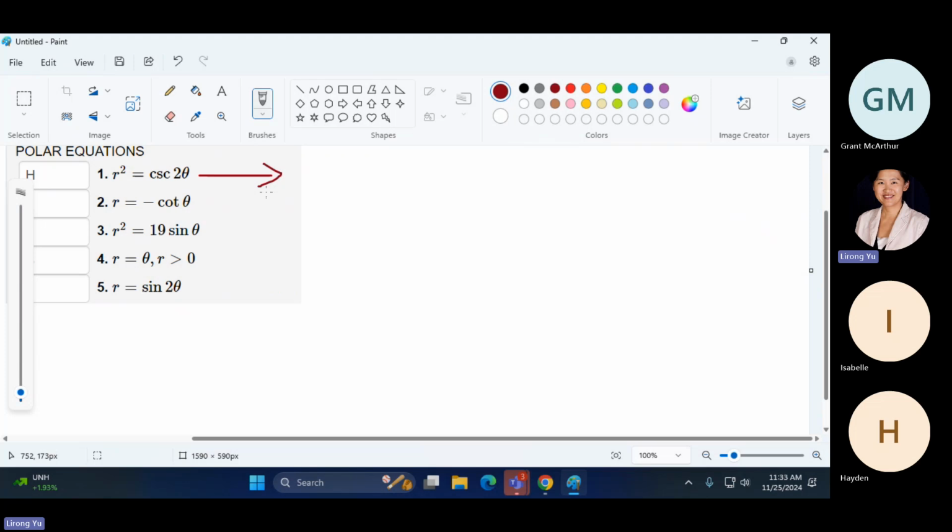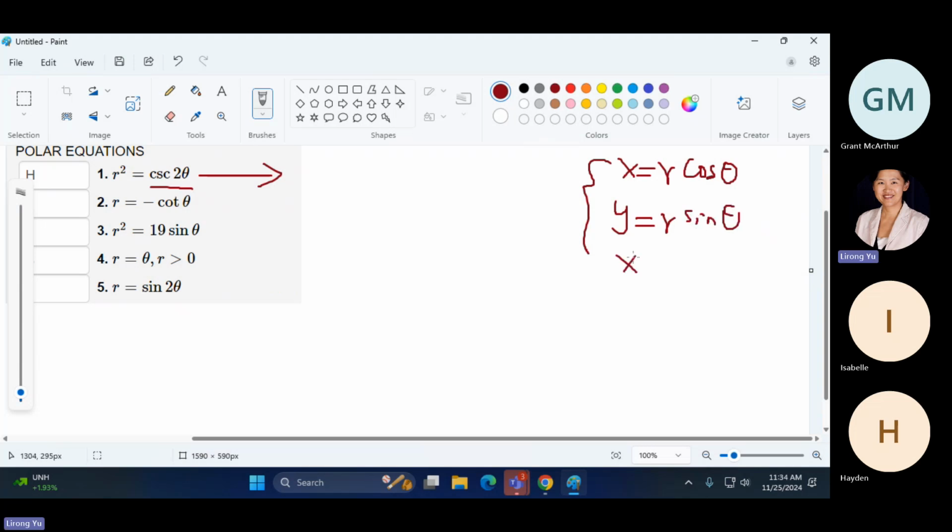You first want to convert it to something where you can write x and y. We have a cosecant, which is not in our polar-rectangular conversion formulas. Our conversion goes x equals r times cosine theta. So whenever you see r times cosine, you write x, and y equals r times sine theta.